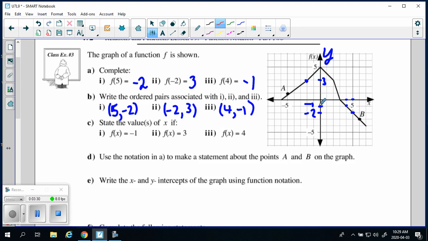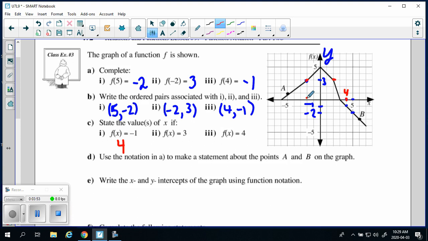So if I look up y is negative 1 down here, and I read over to the graph, I'm looking for the x value here, which seems to be 4. And then here, the y value is 3, so I'll look that up on the graph. And then I'll go over, oh, interesting. Actually, there's two ways for me to read this graph when y is equal to 3.